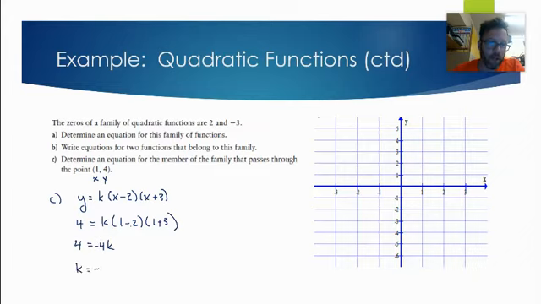And so we get a value of k of negative 1. And so the equation of that specific family member with those zeros that goes through that point is y equals negative (x minus 2)(x plus 3). So we wrote the equation for a family, and given a certain point, we picked out a specific family member that passes through that point.